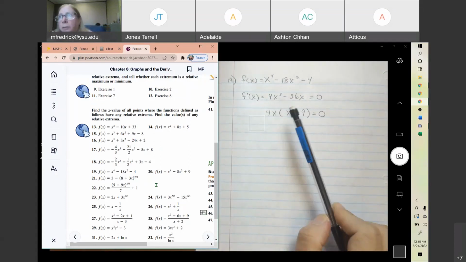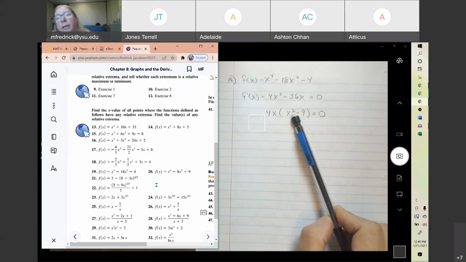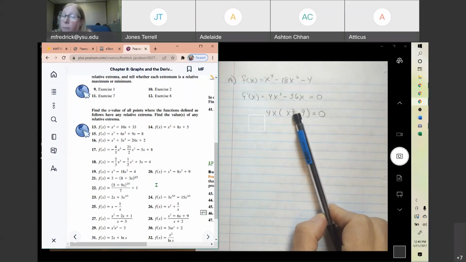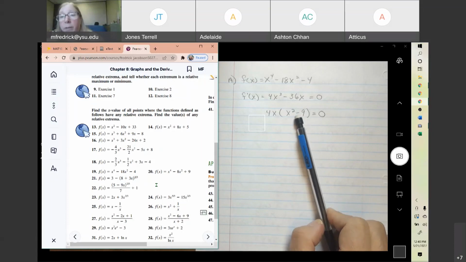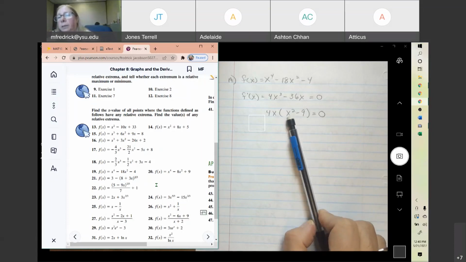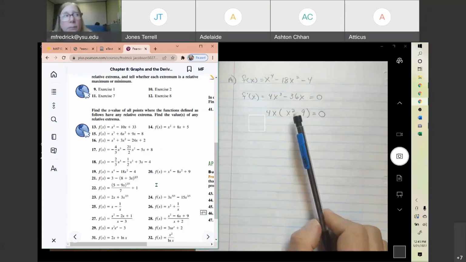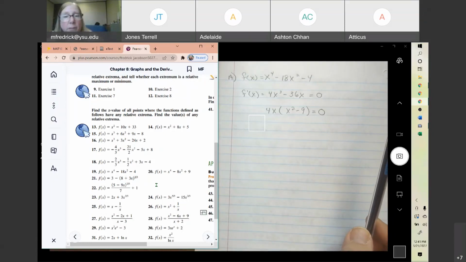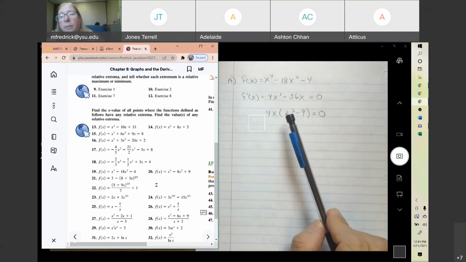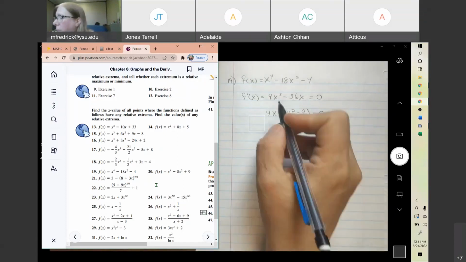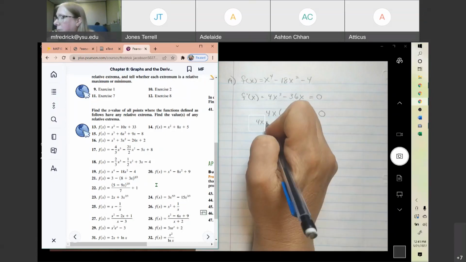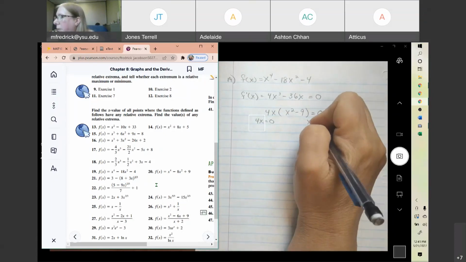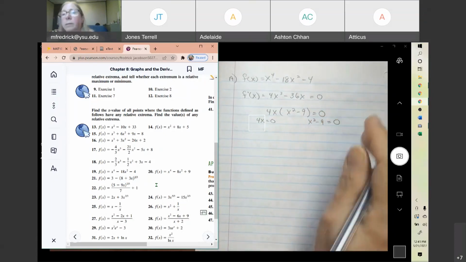There's probably 3 ways you can solve the x squared minus 9. One, you could use the quadratic formula. B would be 0. Another way of doing it is factoring this. And another way is the square root method. Anyone have a preference? Because we factored this, we can put 4x equal to 0 and x squared minus 9 equals 0.